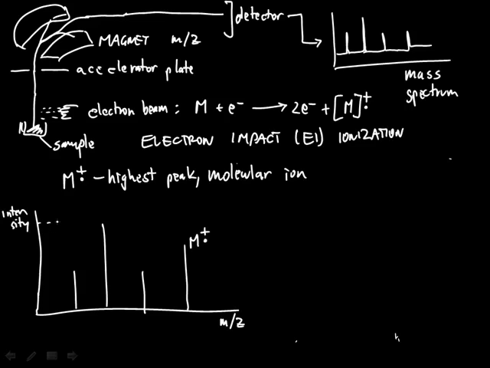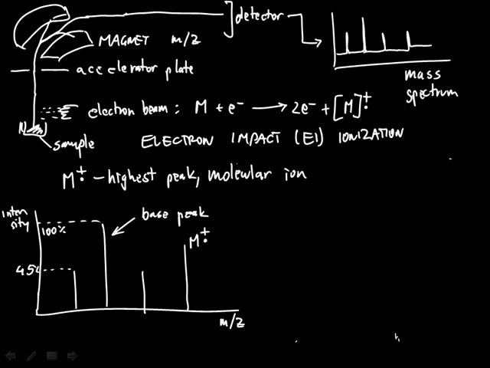So this peak is the most intense one, and this one is known as the base peak, so the tallest peak. Just as a bookkeeping method, this peak is often labeled as 100%, and all other peaks are expressed in percentages of the value of the base peak. So this would be maybe, I don't know, 45, and so on.